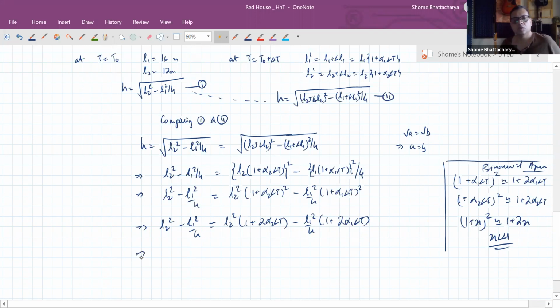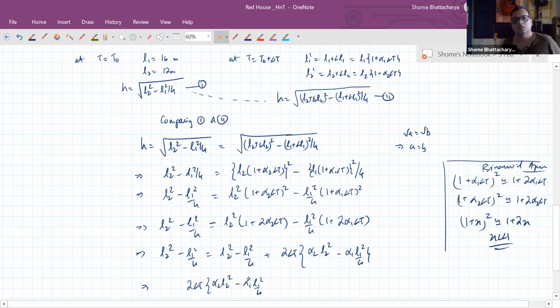So now when you compare the two sides, you can first take out these two terms. And then you can see that with 2 delta t, you have terms like this: alpha 2 L2 square minus alpha 1 L1 square by 4. So this will basically tell you that this term should be 0.